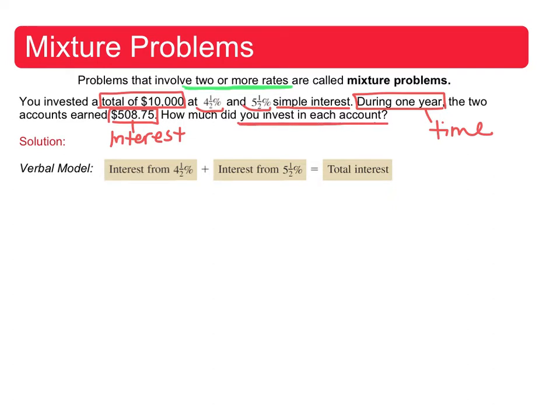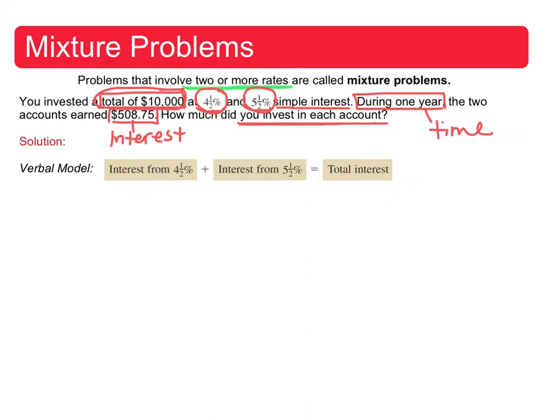Okay. So we have 2 accounts. We have one account that is 4.5% and one account that is 5.5%. Right now, we don't know how much went into each one individually, but we know that there's a total of $10,000 between the 2. So what we can do is we can assign some variables. We have 2 different things going on here.